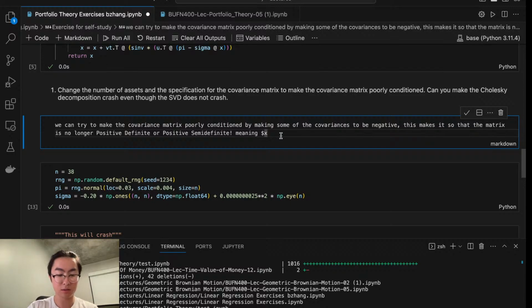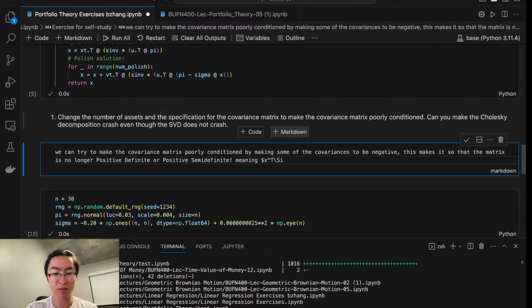Semi-definite, meaning X transpose sigma X is negative.